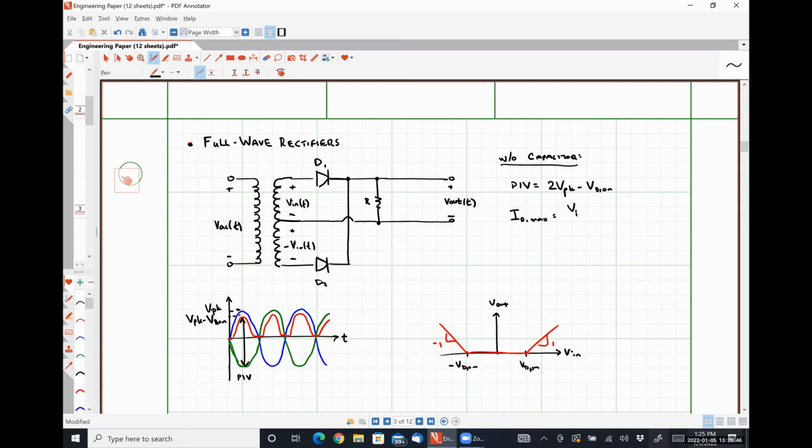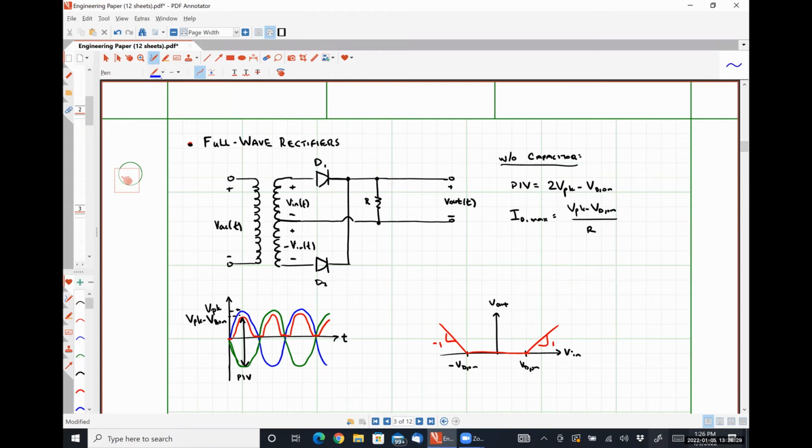It is V peak minus VD on divided by R. So this is much more useful because our half wave rectifier was able to deliver about half of the power of the input signal to a load. This guy is able to deliver most of the power of the input signal to a load, and it's giving everything positive. So it's more useful, but increasing the efficacy again involves using a smoothing capacitor, right?